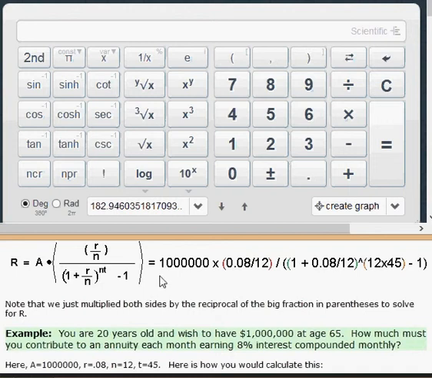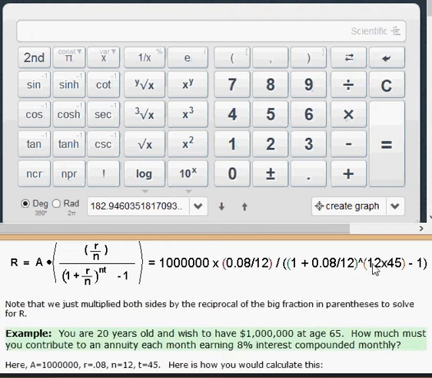And here's a way you can do this in one shot. Write all of the operations out as I've done here, putting all the parentheses. Now you notice a little trick here you can try is to color code your matching parentheses. I have a red set of parentheses around the 0.08 divided by 12. I have a green set of parentheses around the 1 plus 0.08 divided by 12.